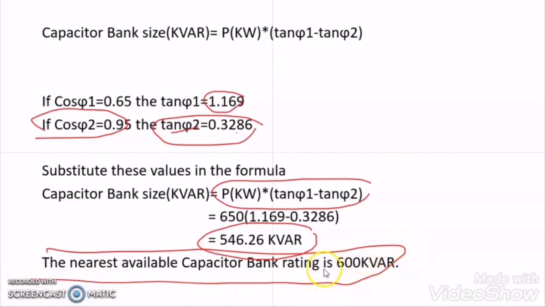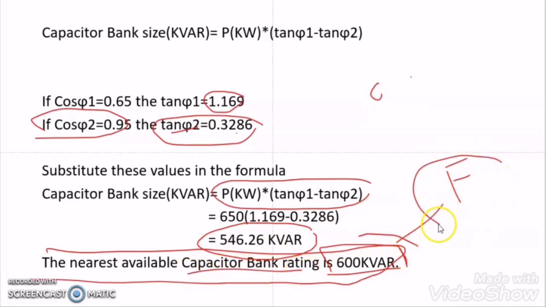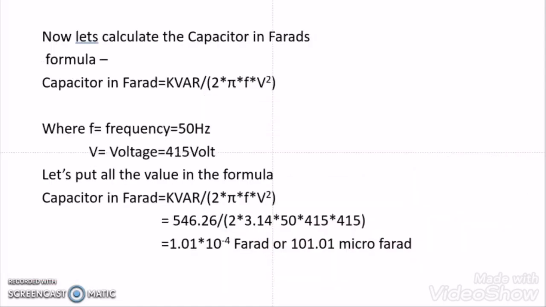Now this rating that we sized is in kVAR. We can size this capacitor bank in farad also, because we know the SI unit of capacitance is farad. So let us calculate the capacitor bank's rating in farad units also.